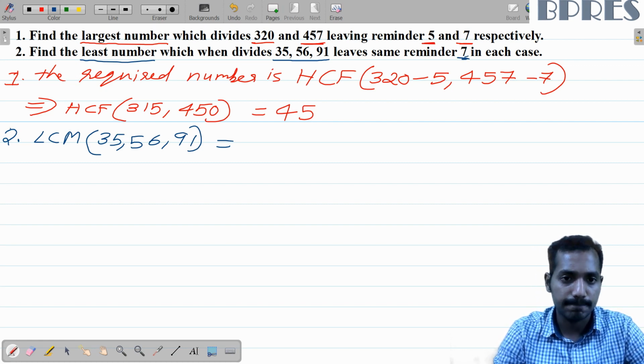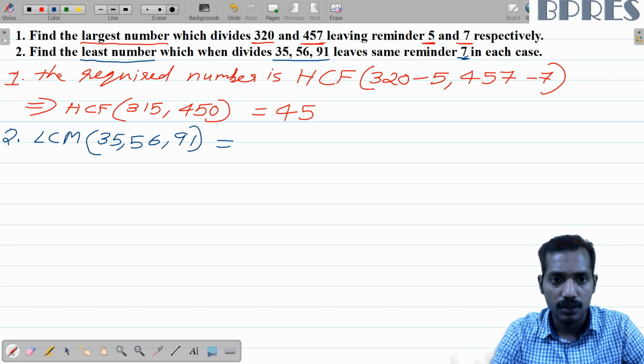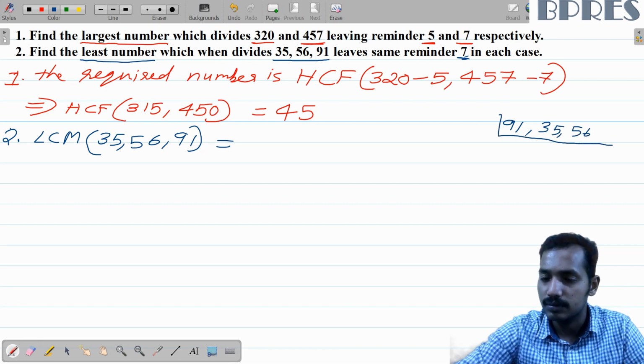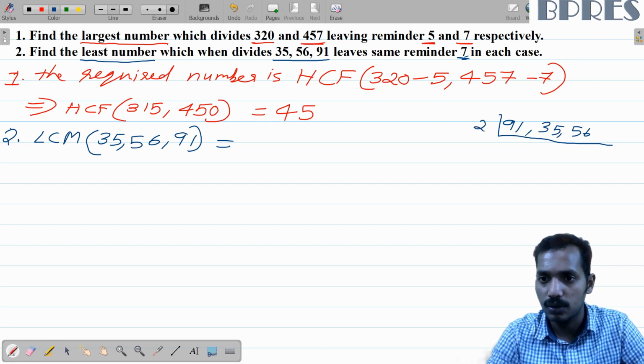Let's find the LCM here: 91, 35, 56. First let's divide by 2. 91 is not divisible, 35 also not divisible, 56 is divisible, we get 28.